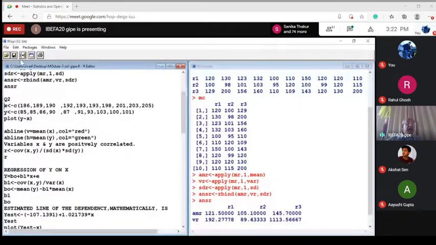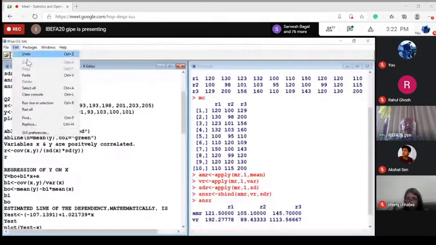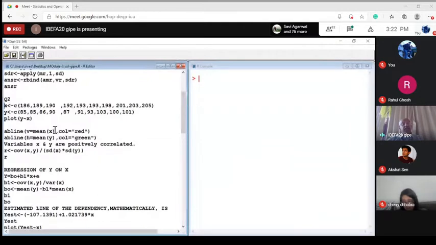So we have done computational work. The next question we have done in the class was correlation regression, question number 2.